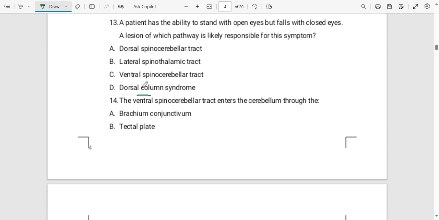So when you injure the dorsal column, that's the different thing. So what do we call this sign where we've been doing it in clinical skills? You have got a patient, you ask them to close their eyes and then you put your hands. If they fall, it is positive. What is the sign?